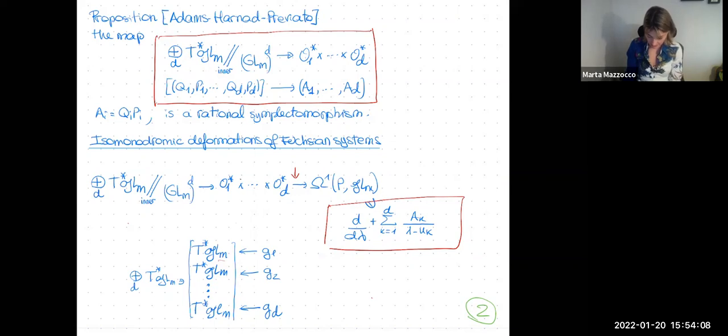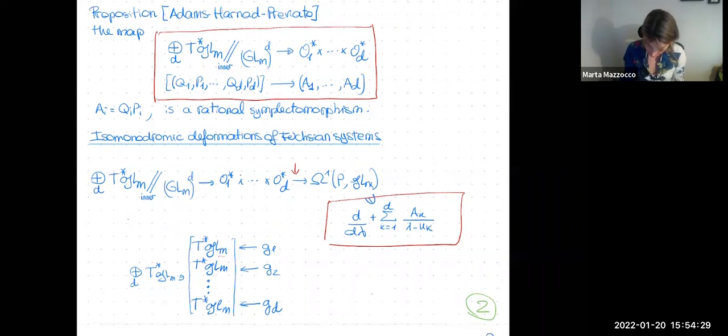I simply said this is because I've decided to act with these D copies of G in such a way that the first copy acts on the first copy of the T star and the second copy acts on the second copy. So I would like now to show you what happens when you start mixing things up, which is much more interesting.